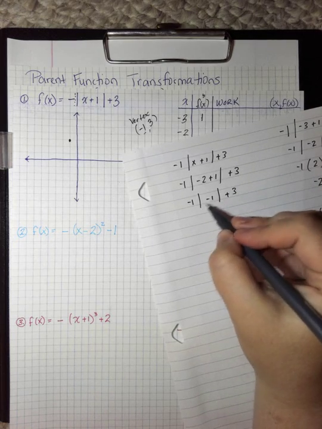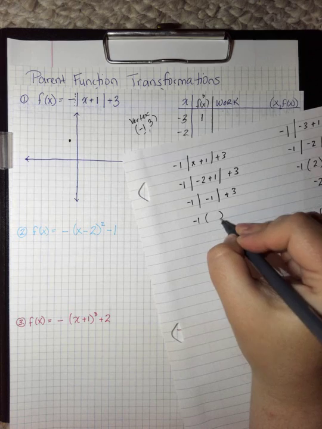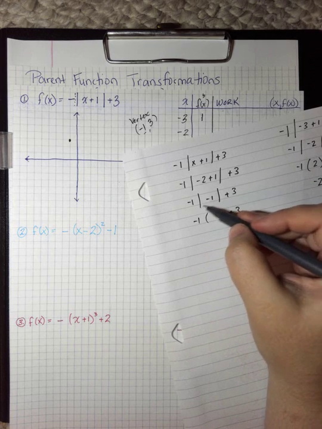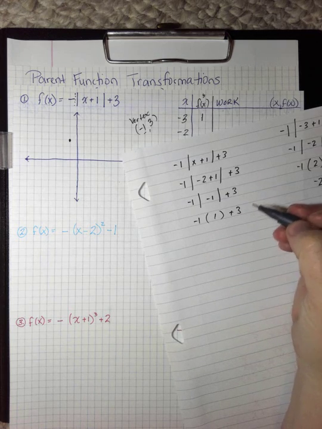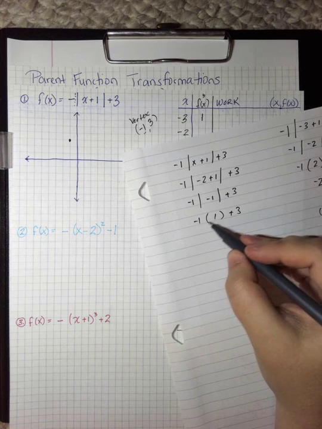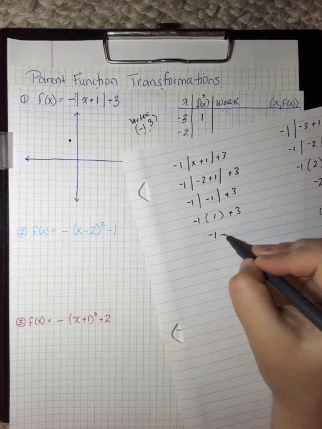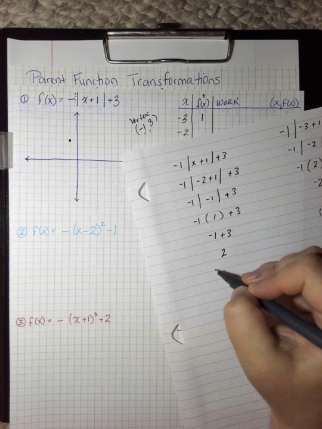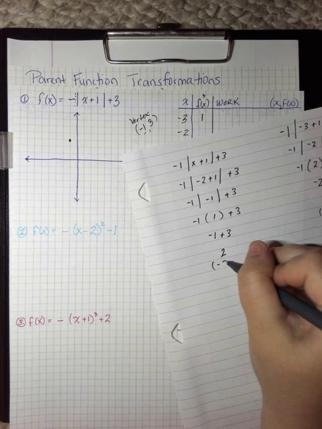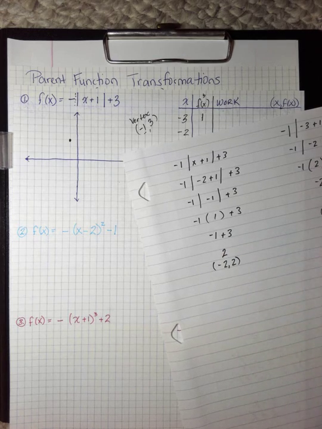Still working until I get rid of my bars. My bars turn into parentheses when I actually use the bars. Remember, the absolute value of a negative number turns to a positive. And now I can multiply my -1 and +1 to get -1. I can add -1 plus 3, and I get 2. So in this case, I get -2, 2.